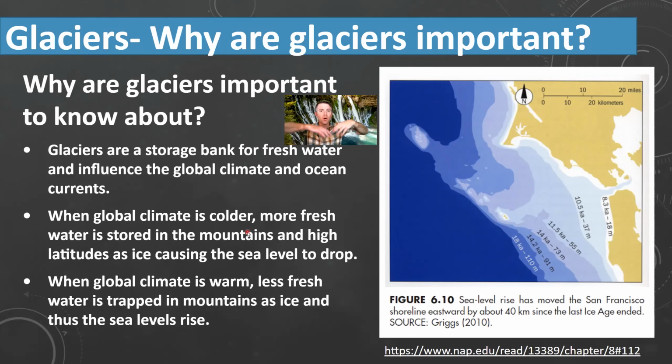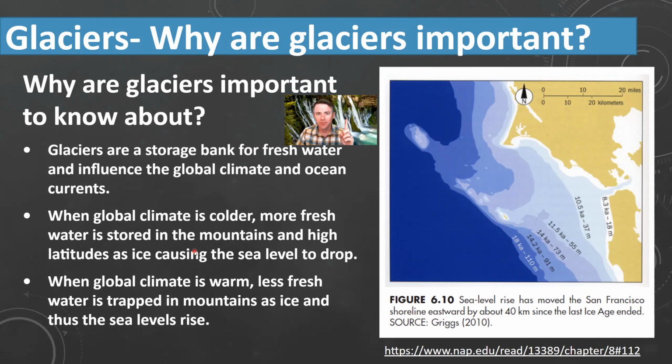Think about it: as the water evaporates off the ocean and then snows and rains, if it's staying frozen on the continents without running off, it's going to get thicker and thicker over time. And then when our climate warms, there's going to be less fresh water because that was trapped as ice. It's going to melt, it's going to flow out, and that's going to eventually cause the sea levels to rise.